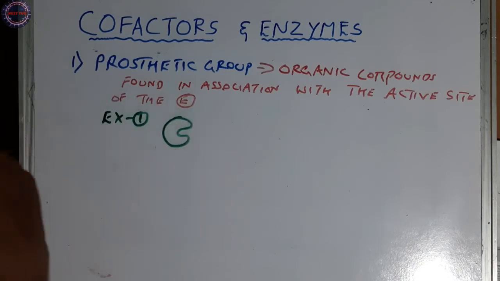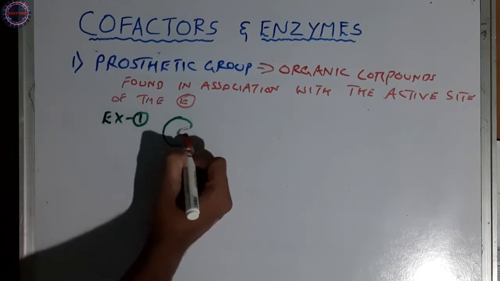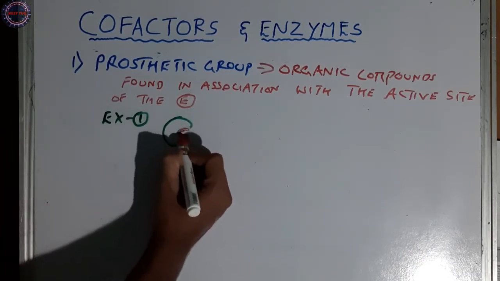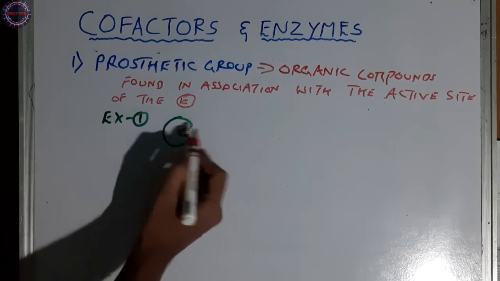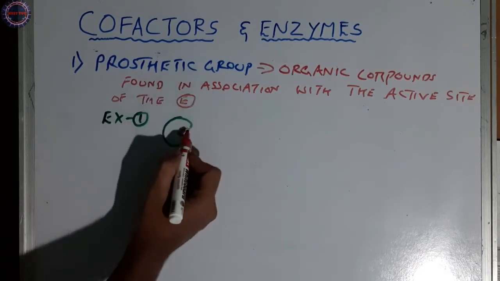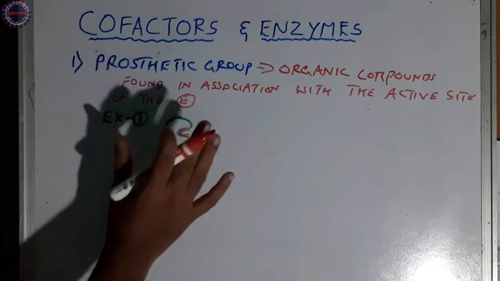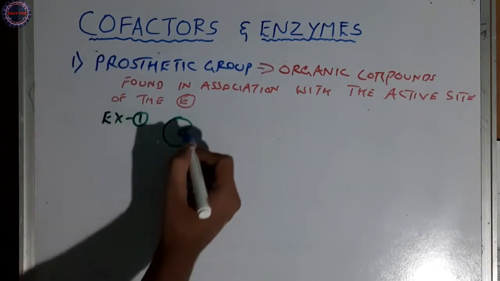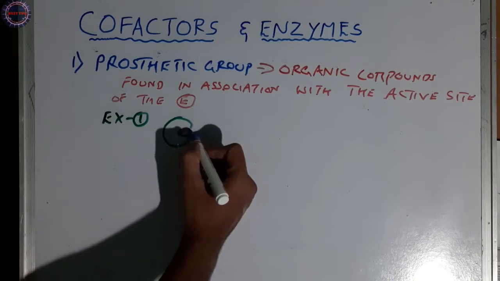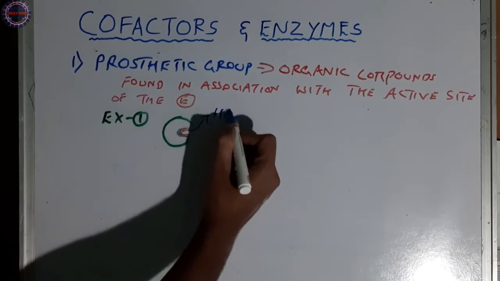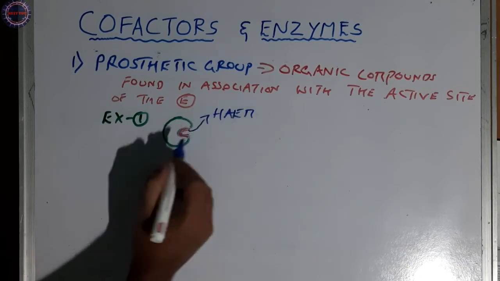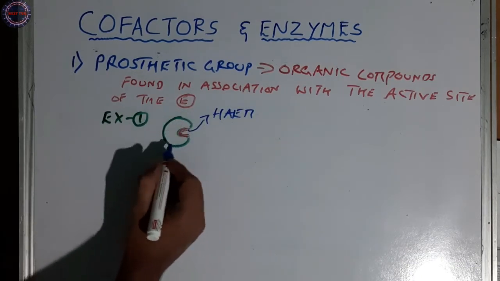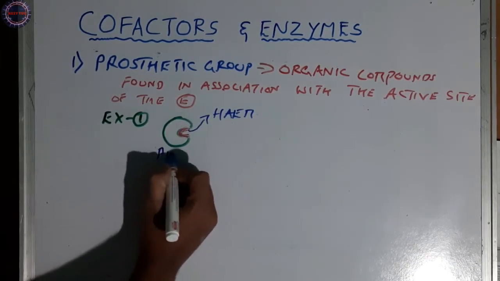This is the enzyme, and this red color thing is actually the prosthetic group, which is already bound to the active site. It should be bound to the active site all the time. This particular prosthetic group is nothing but heme, and the name of the enzyme is peroxidase.